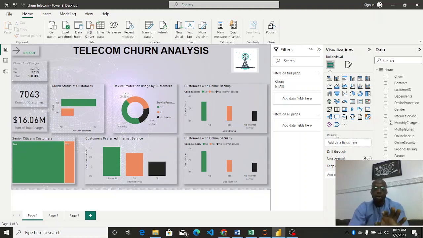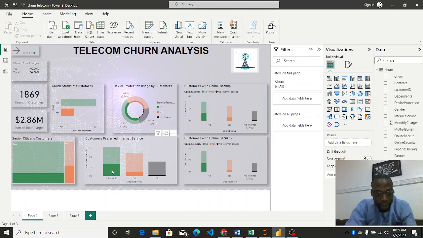But what I'm trying to drive at now is that these youths make use of the internet extensively. So that now drives us to this last metric that hits the nail. What internet service do they use the most?